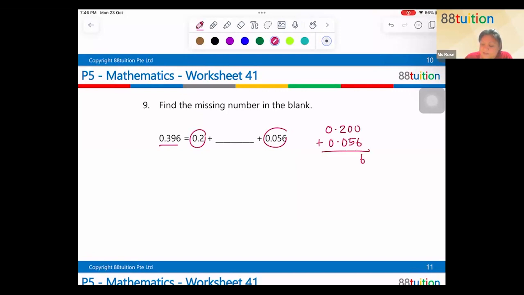If I add them up, I'll get 0.256. So what is the missing number in the blank? It will be 0.1. Thank you, Rachel.